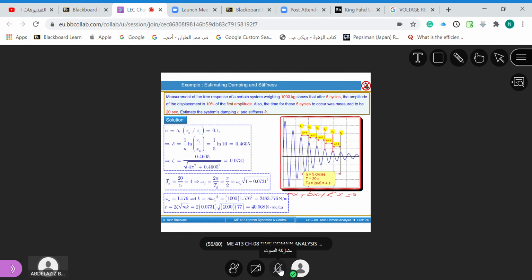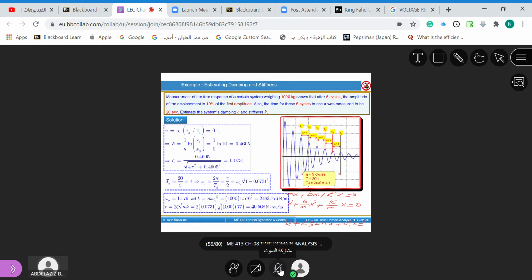We can write it like this: x double dot plus b over m x dot plus k over m x is equal to 0. And the standard form can be written as x double dot plus twice zeta omega n x dot plus omega square n x is equal to 0.